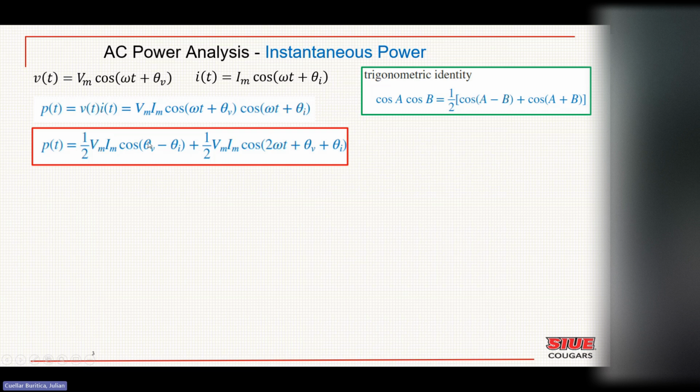Take care of this, it is always the angle of the voltage minus the angle of the current, plus one half Vm Im cosine of 2 omega t plus the addition of all the other angles for voltage and current.